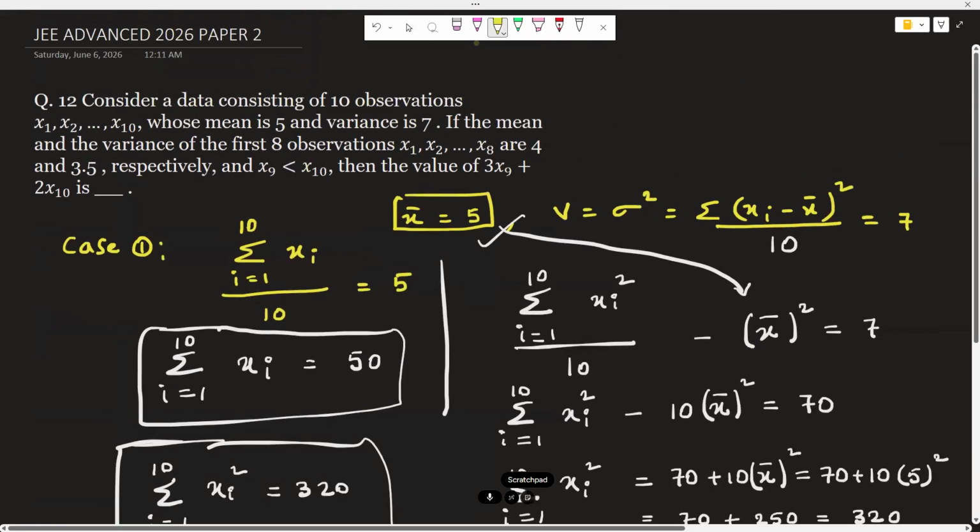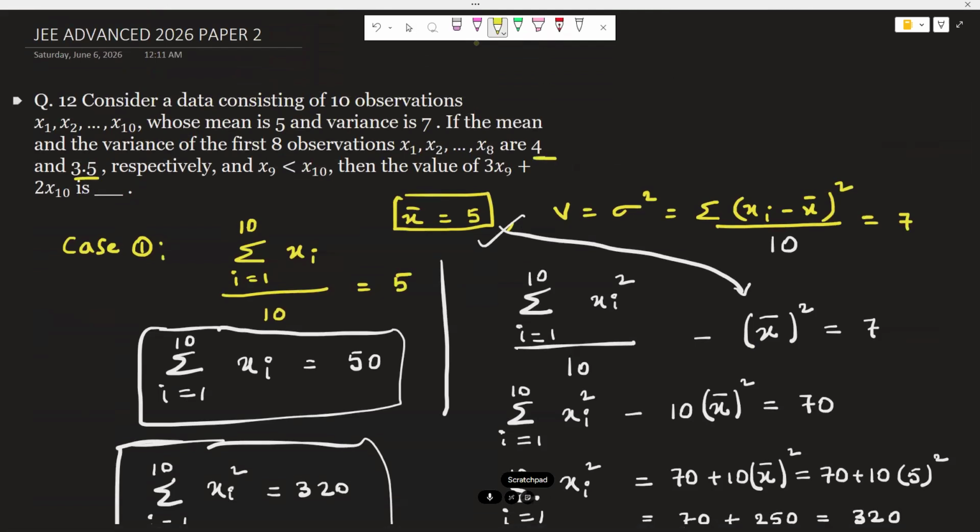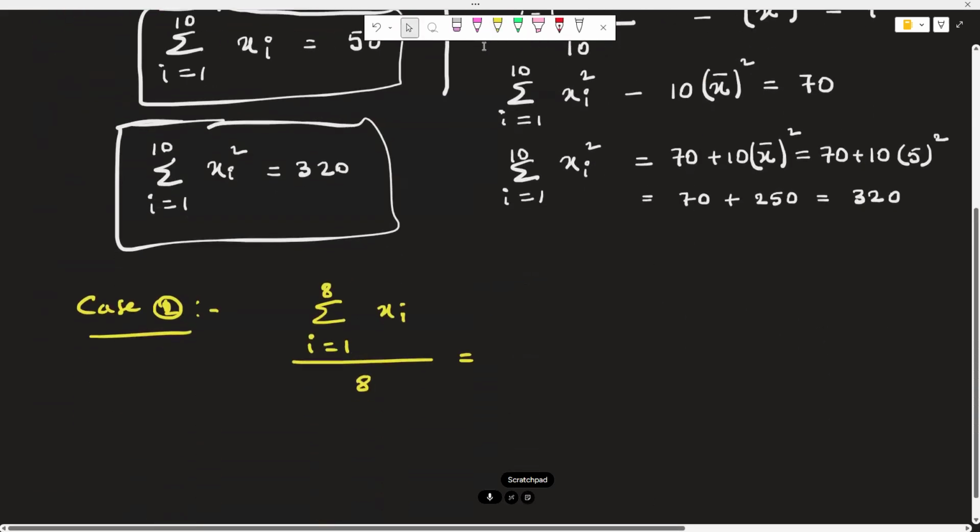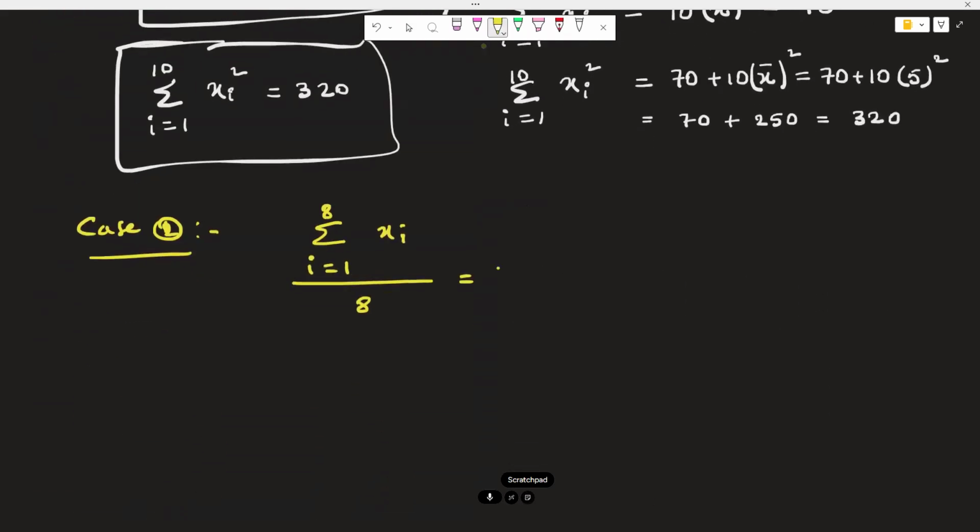The mean was, they mentioned, 4 and the variance is 3.5. Mean is 4 and variance, of course, you can write either V or sigma square. Both represent the variance of 8 observations.